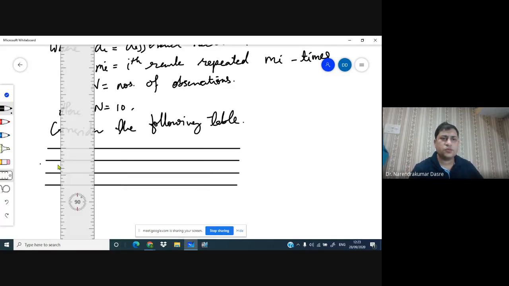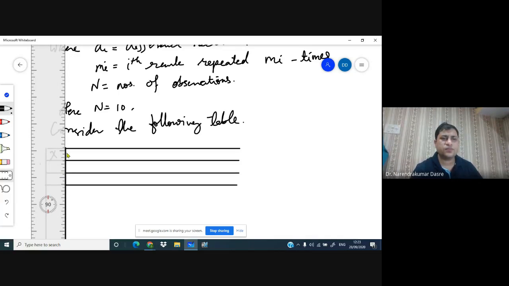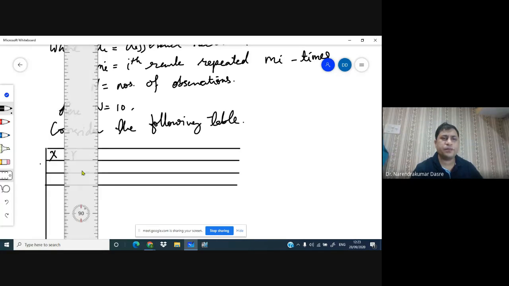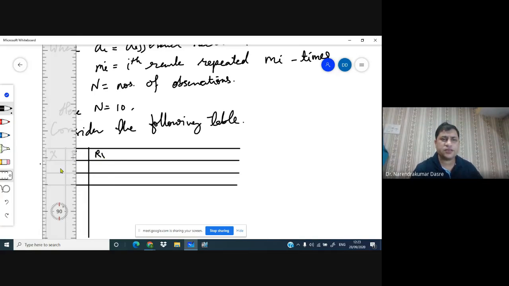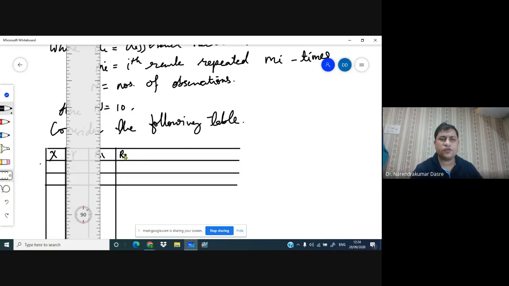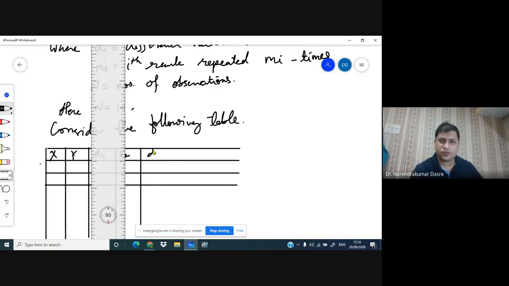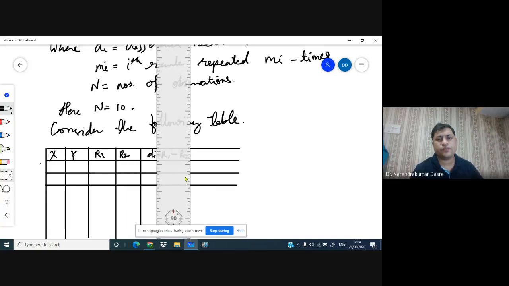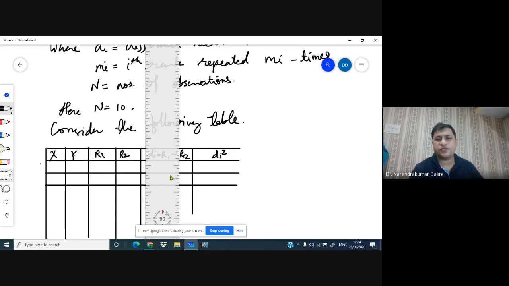Okay. So what we want, we have x, we have y, then we have rank of x, and we have rank of y, then we have the difference between the ranks, and last we have the square of these differences.